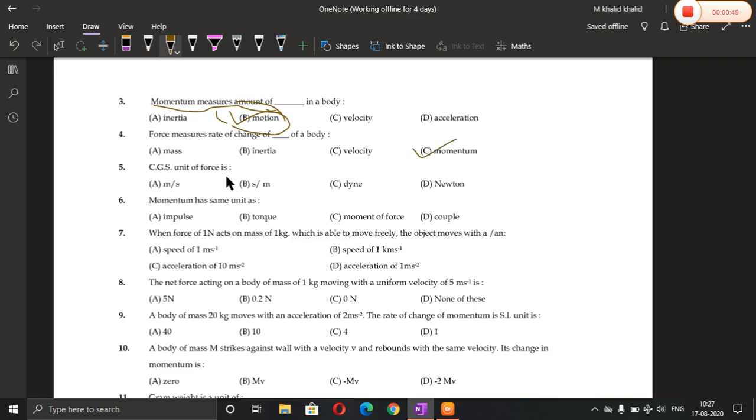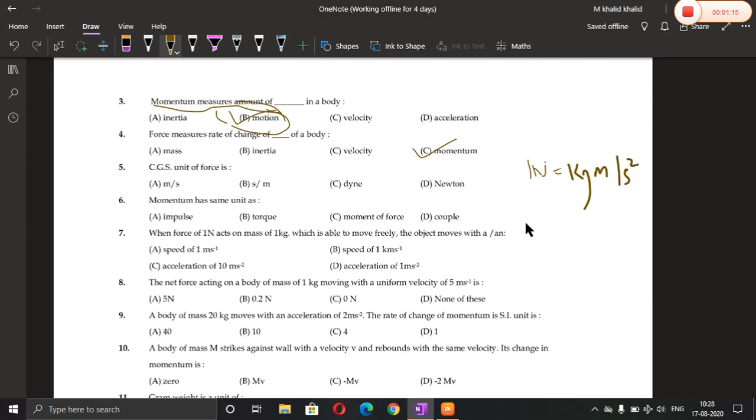CGS unit of force. In SI unit, we had written Newton as the unit, and its value was kilogram meter per second square.